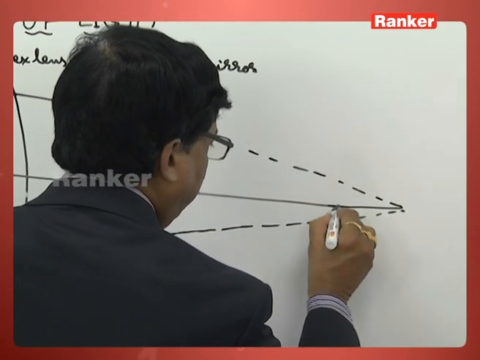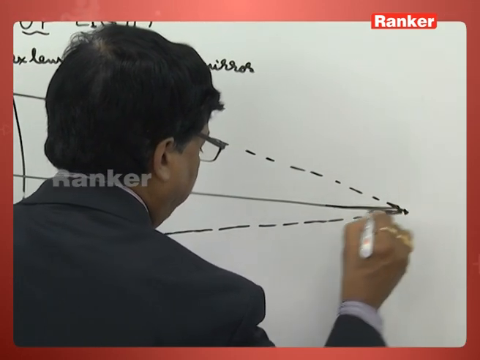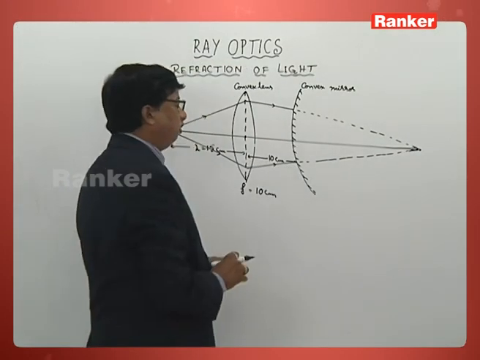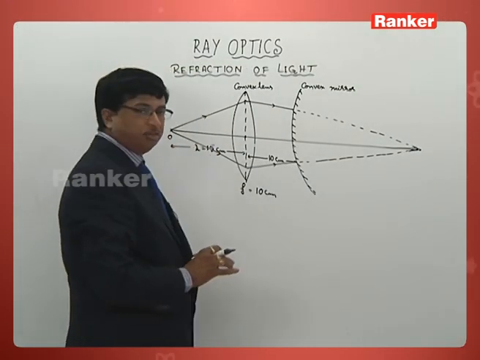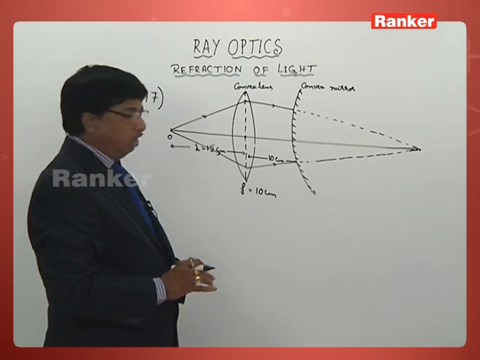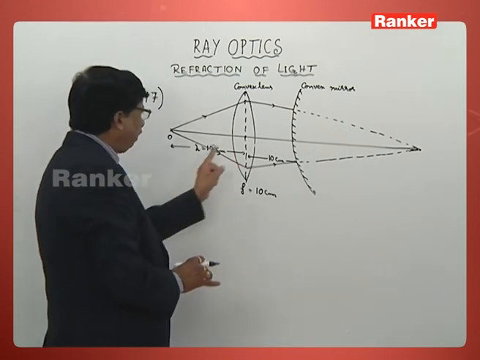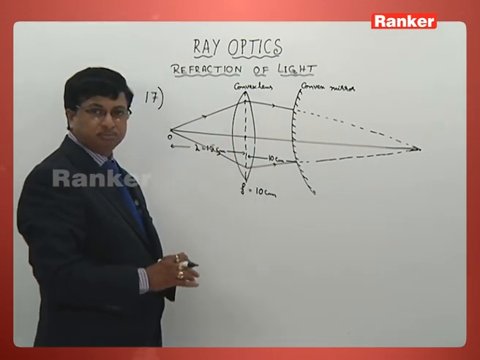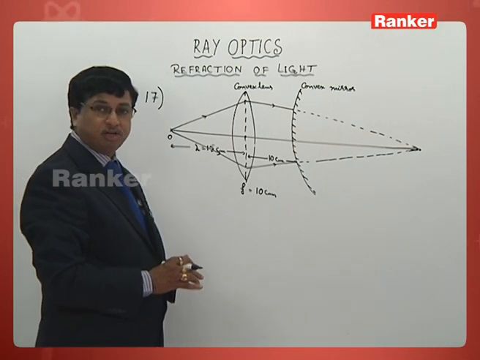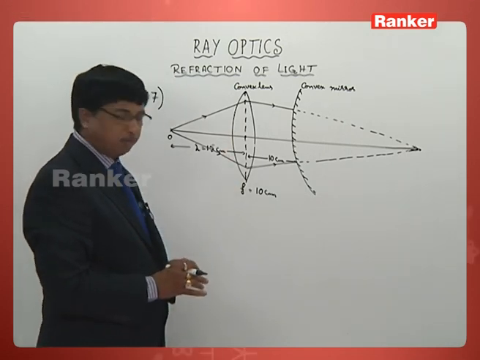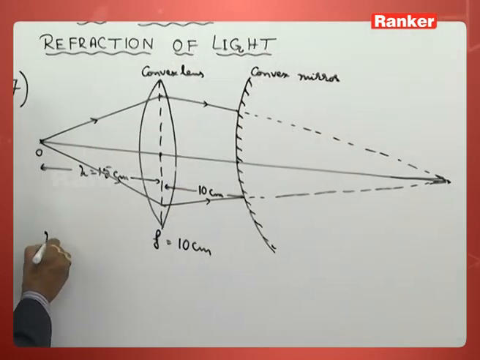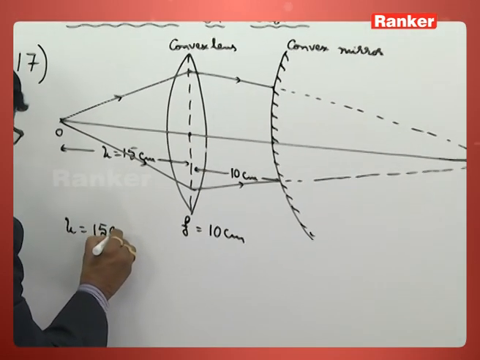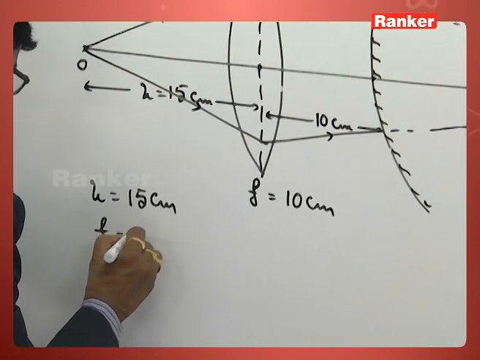Wherever these two rays merge with each other, there the image formation takes place due to the convex lens. Now the question here is where this image is being formed. First of all, we have to understand where the image is going to be formed. We know u is given as 15 centimeter and f is given as 10 centimeter.